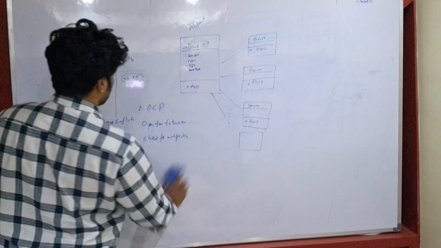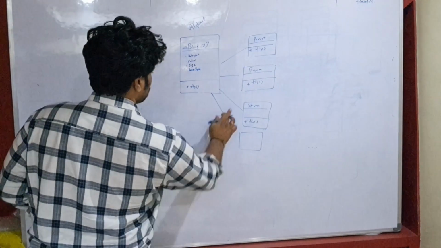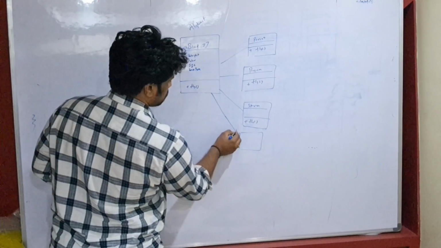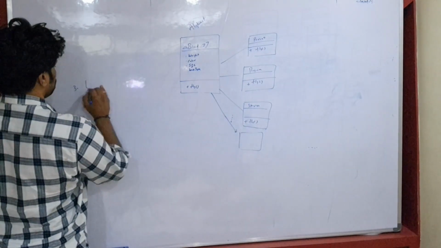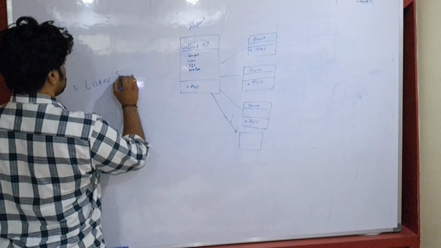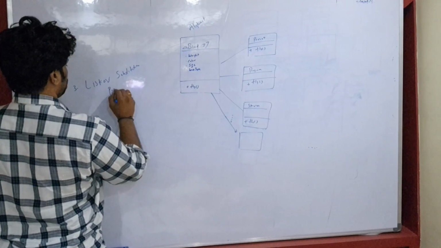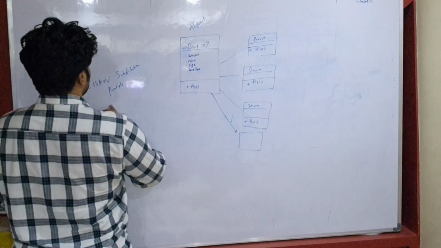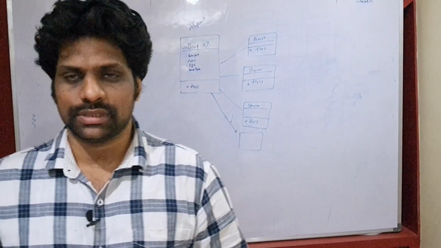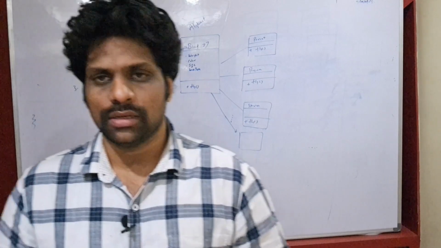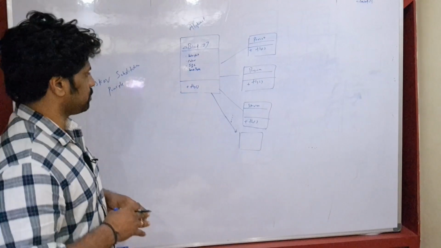Liskov substitution principle: objects should be replaced instead of manipulating. So it should be easily replaceable. So that's the main concept of Liskov substitution principle.